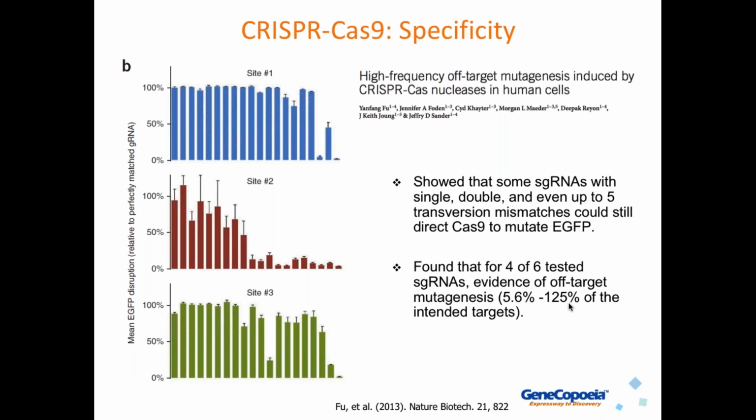So this was initially a very scary result, but it turns out that in recent years, more sophisticated design algorithms for sgRNAs have been implemented that allow you to either predict and avoid single guide RNA off targets, or they allow you to pick highly efficacious single guide RNAs with also low off-target activity. And so off-target activity has become less of a problem for CRISPR guide RNAs than was initially feared.